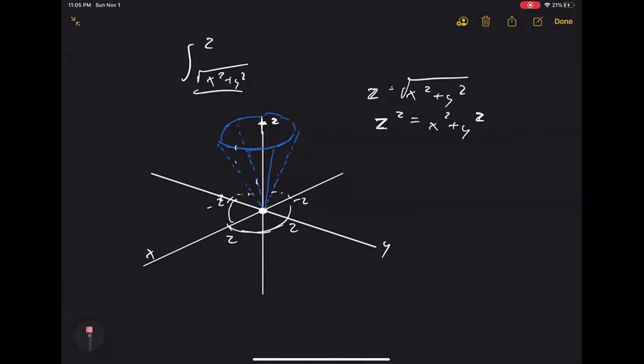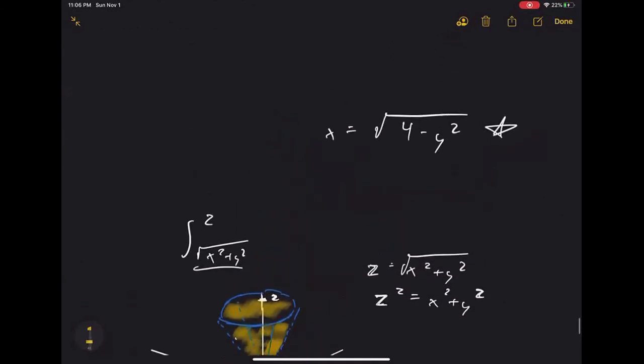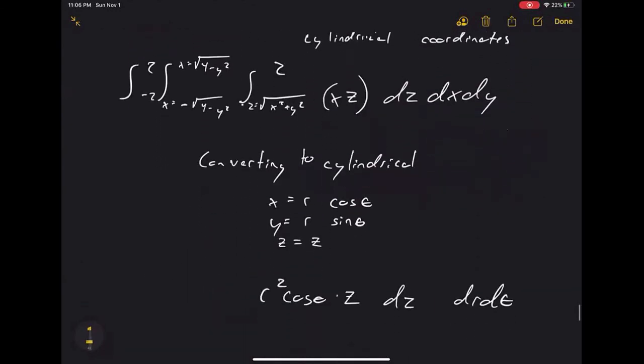So think about this as like an ice cream cone, and our region is everything inside the ice cream cone. Right? So like all this stuff. So that's our region. Okay. So that's the information I'm getting from these three bounds.